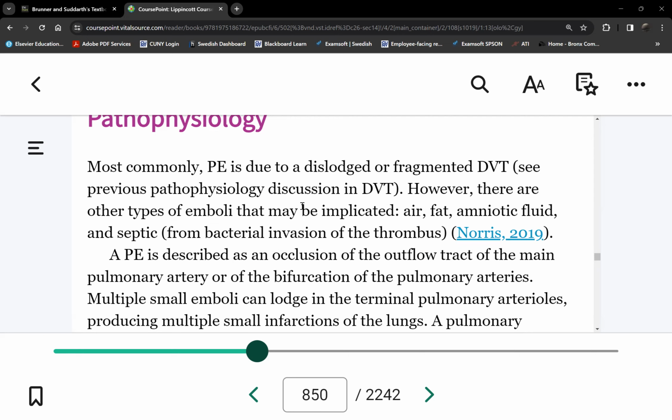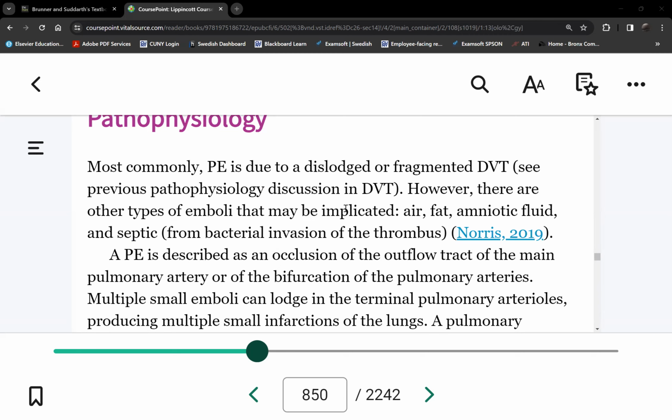All right. So PE is usually caused by a clot somewhere else, in the leg for instance, or elsewhere in the body, and then the clot ends up in one or more branches of the pulmonary artery.